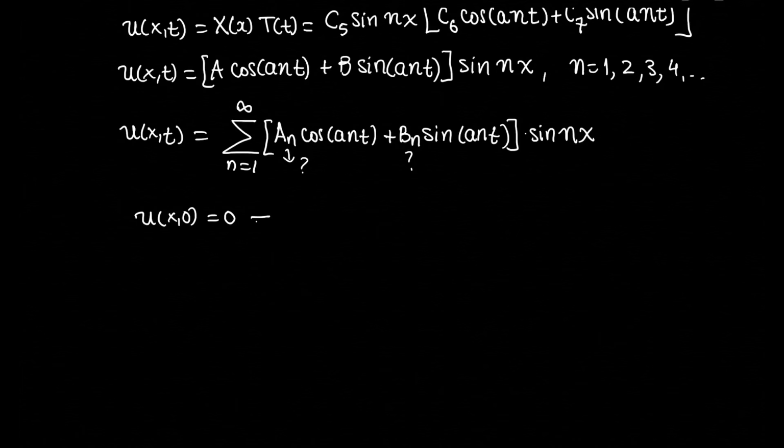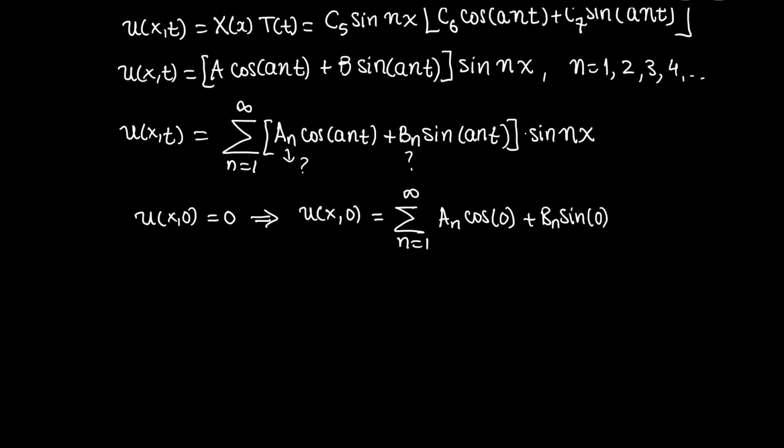So you have u(x,0) equal to the summation from n equal to 1, with time equal to 0: an cos of 0 plus bn sine of 0, times sine nx.